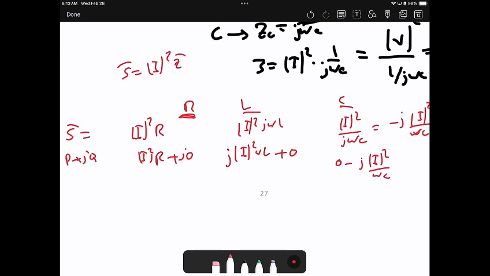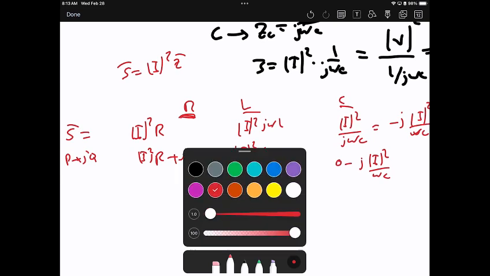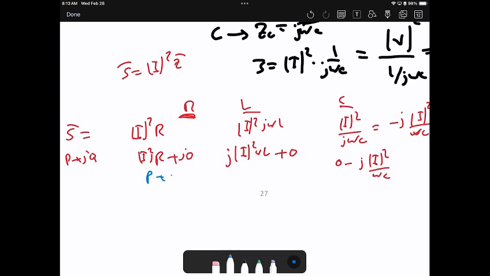What's the point of writing it this way? Because I would like to compare it with P plus jQ.